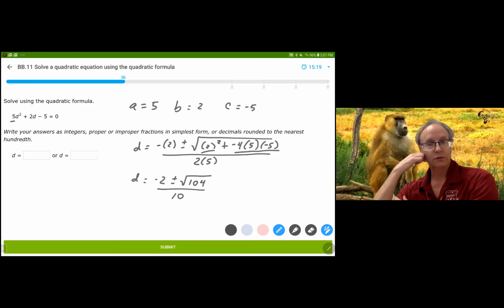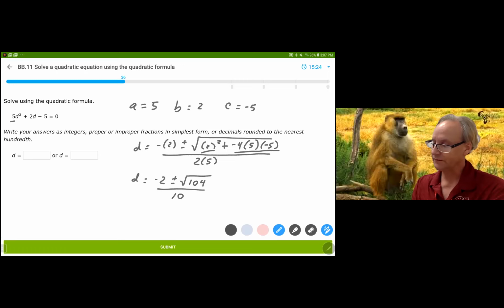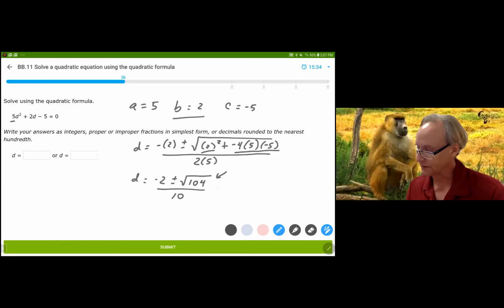Now, one of the things you run into problems with is anytime you have an even b, this radical can be reduced. And if you need an exact answer, you have to reduce that radical. That square root of 104 is really 4 times 26.